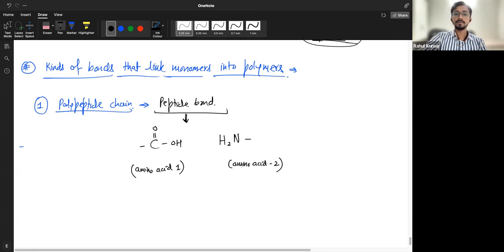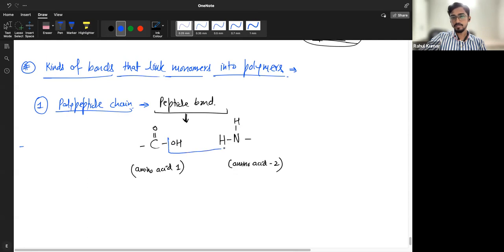So what will happen? Do you see this H2O? Let me make it like this then. There will be one hydrogen here and one hydrogen here, right? NH2. You understand, right?